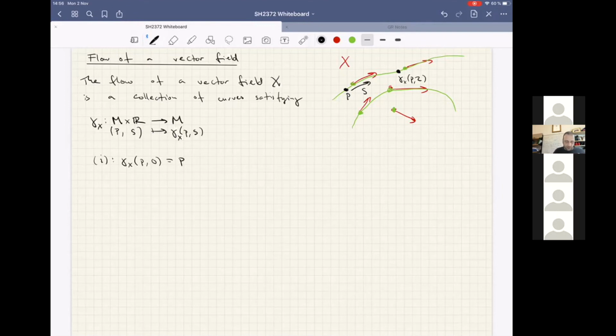And the second is that if I take the tangent vector, gamma dot X, the tangent vector with respect to the curve parameter s, evaluated at p and s, that should be the vector field X evaluated at this point, gamma of p, s.